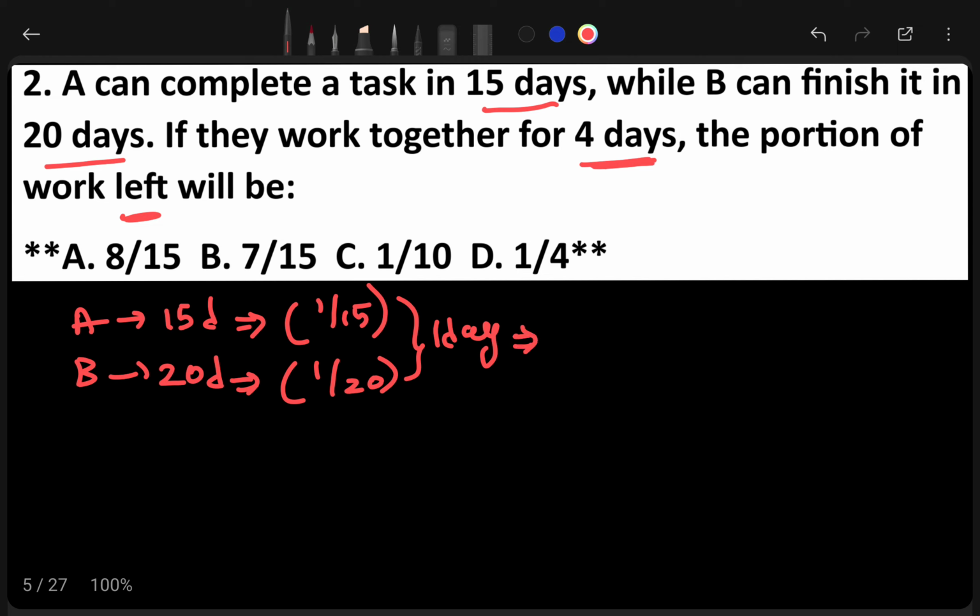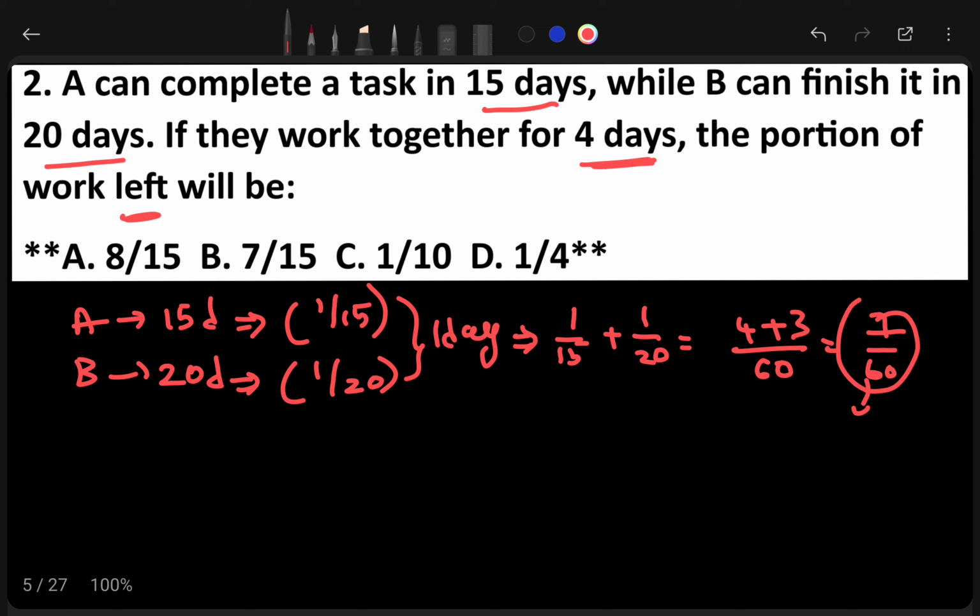Now the work done by A and B in one day is going to be 1 by 15 plus 1 by 20. The LCM is 60. 15 fours are 60, 20 threes are 60, so it's going to be 7 by 60 in one day. He said 4 days, so it's going to be 7 into 4 by 60, which in 4 days gives 7 by 15.